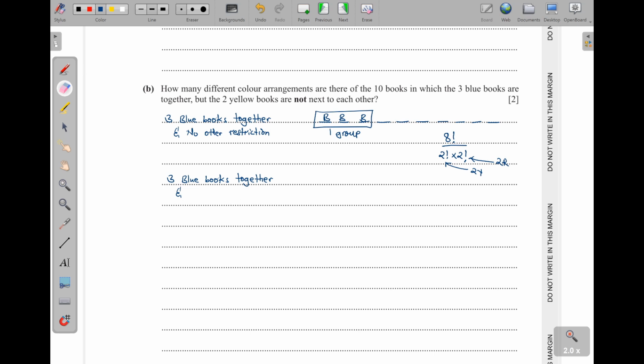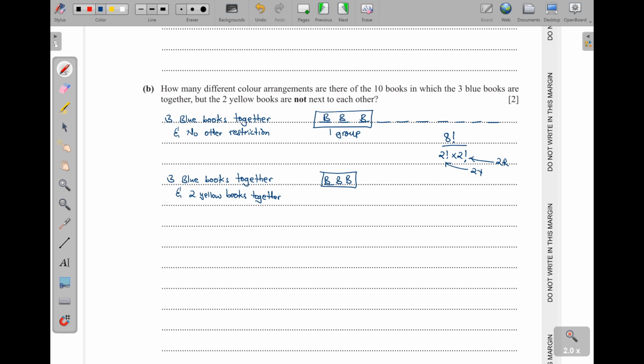Then after you do the subtraction, and 2 yellow books together. So we have blue, blue, blue.